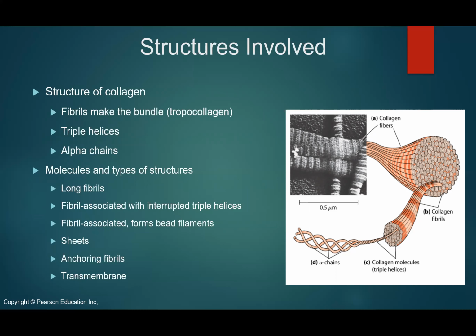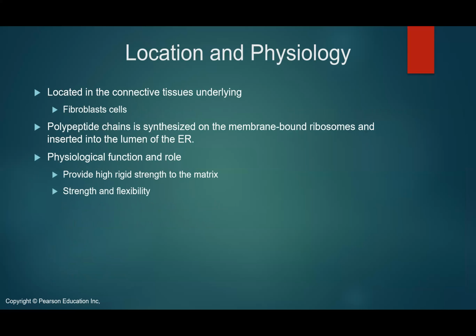There are the sheets, the anchoring fibrils, the transmembrane, and also the basement membrane. For a basic structure of collagen, it is made up of a single alpha helix chain and 3 amino acids.